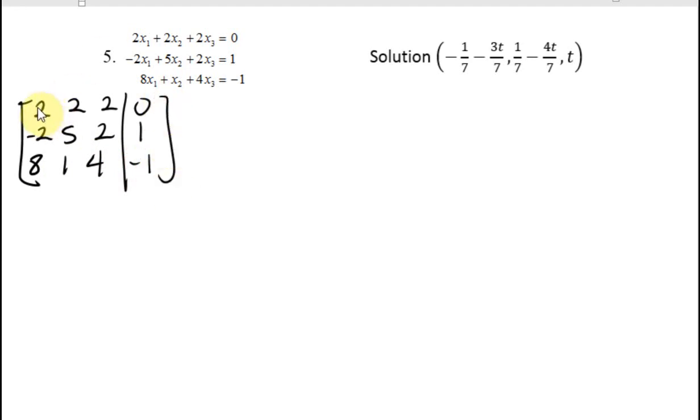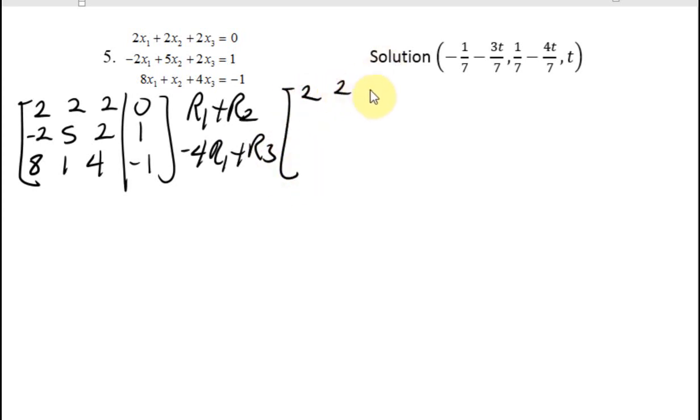Now we want to get a 1 at A1,1, but let's just use the two-side advantage since everything in the column is divisible by 2. So we can just add row 1 to row 2 and then say negative 4 times row 1 plus row 3.